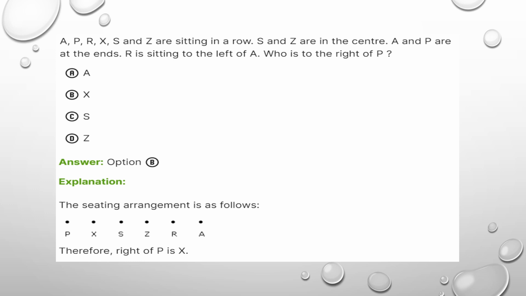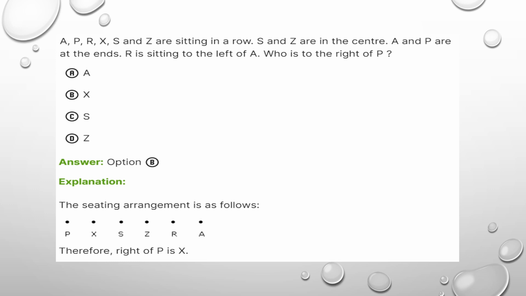A, P, R, X, S and Z are sitting in a row. S and Z are in the center. Once it is given that there are 6 members in a linear arrangement, you can choose the middle two as S and Z. It may be Z and S or S and Z, so there we have two options.